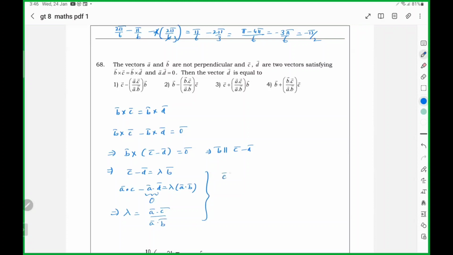From this, c bar will be d plus lambda b, which is d plus lambda, lambda we already calculated, times b bar. But he's asking d bar, which is c bar minus a dot c by a dot b times b bar. So the first option is correct.